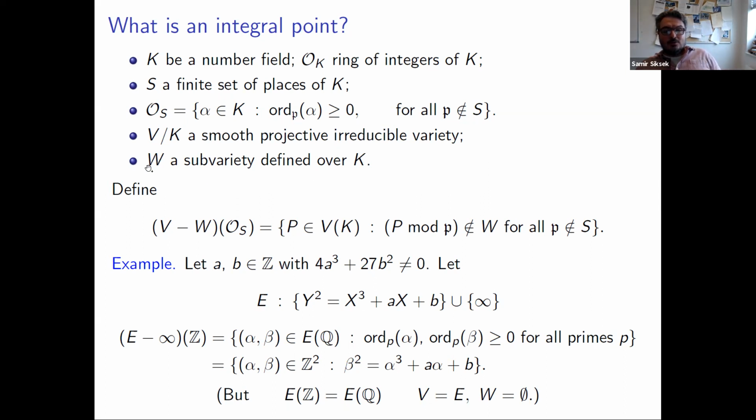And W is going to be a subvariety defined over K, but W doesn't have to be irreducible.